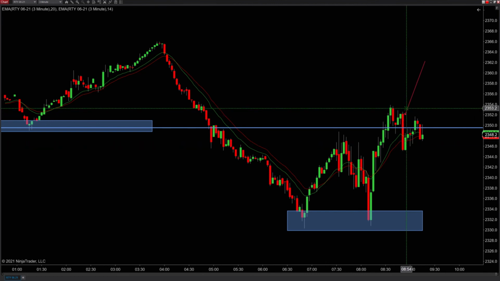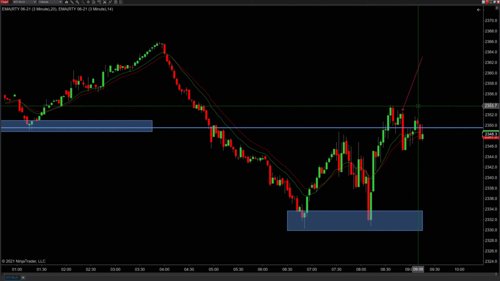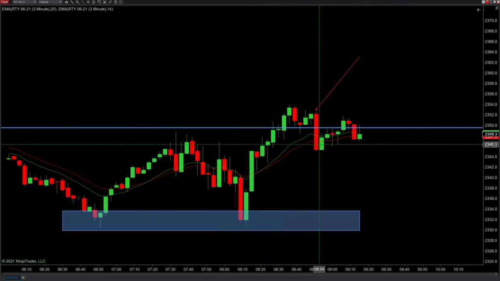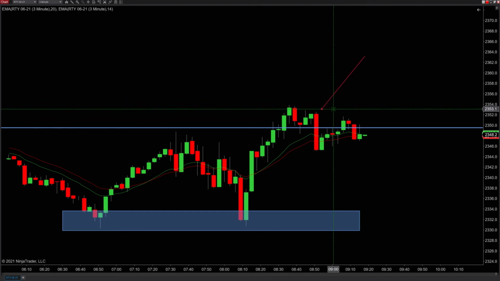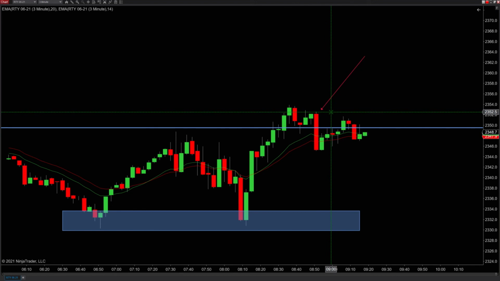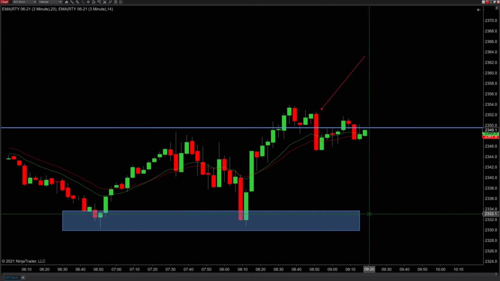I set my stop loss right above the high of the opening of the bar. So my stop loss is up here at 2352.50, so right here. Okay. And then my target is 2333, which is all the way down here.